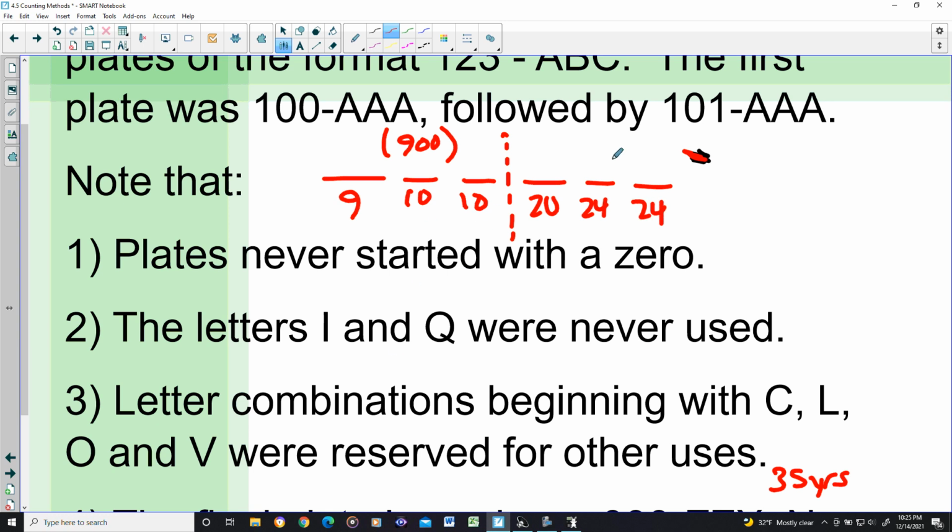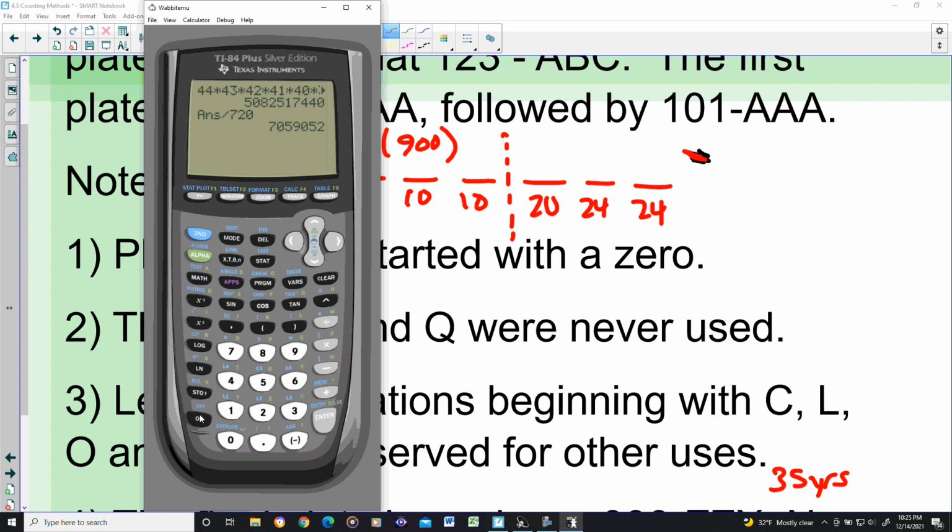I and Q were never used in any position. Now all we have to do is multiply all that together. And we get 900 times 20 times 24 times 24. And that is 10,368,000. Okay, but we're not done yet because of the last piece of information.